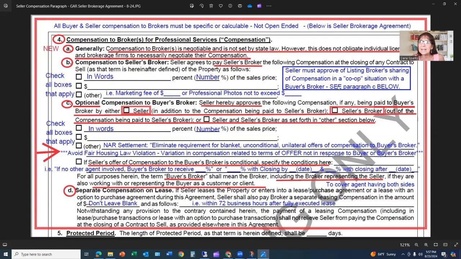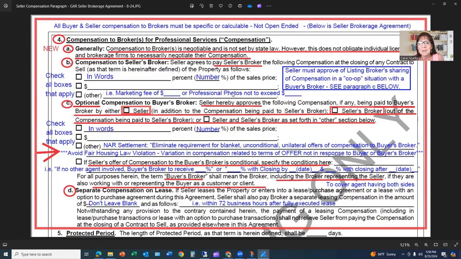So it has been in the listing agreements for a long time that if the seller is paying their own broker a certain percent of the sale price, and the seller agrees that their broker may share part of that compensation with a buyer's broker, what we have referred to as a co-op fee, co-op situation, co-op compensation, co-op commission. Again, that has been in our contracts for several years.